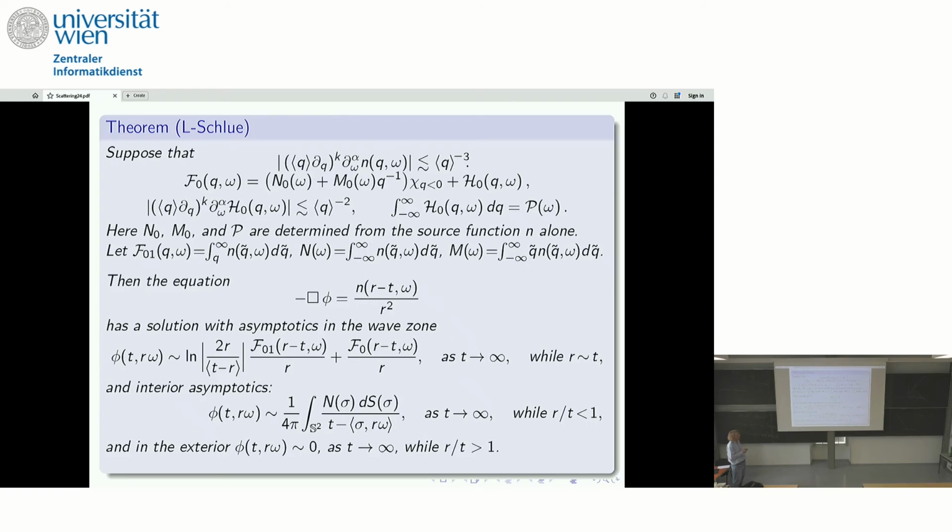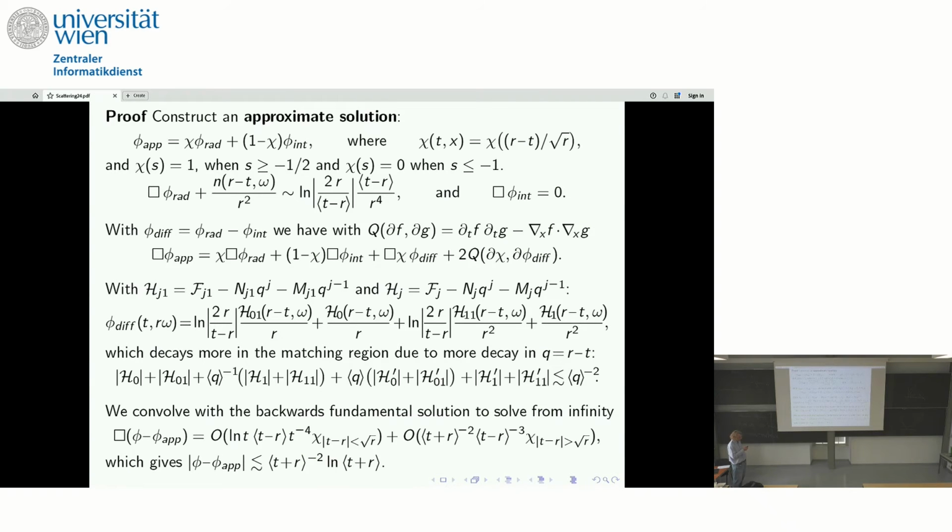The way we do that is that we construct an approximate solution. We have a solution in the wave zone, and we have a solution in the interior, and we have to transition from one to the other.